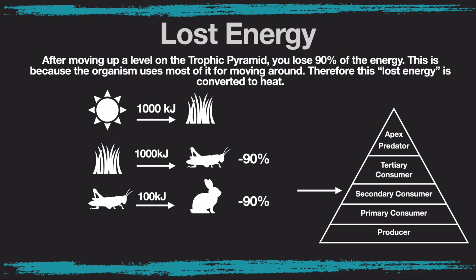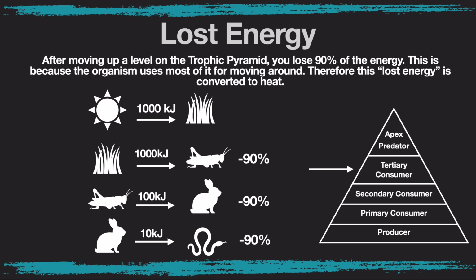Because that grasshopper has been moving around, it has lost 90% of that 1,000 kilojoules. So now that grasshopper only has 100 kilojoules in it, so this rabbit only gets 100 kilojoules. And so on. The rabbit's been hopping around, now it only has 10 kilojoules, and the snake eats the rabbit, so the snake only gets 10 kilojoules. And then we get up to the apex predator, which will only be left with 1 kilojoule.